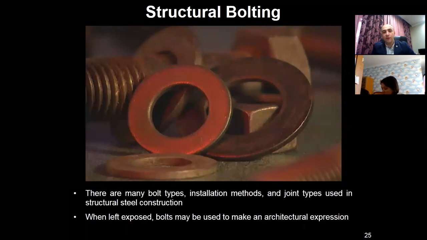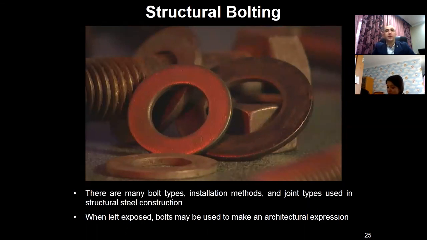So there are many expressions which can be used by architects just by applying bolted connections.